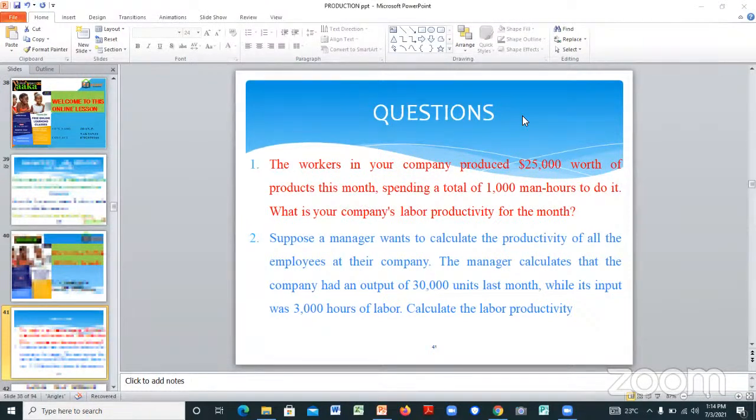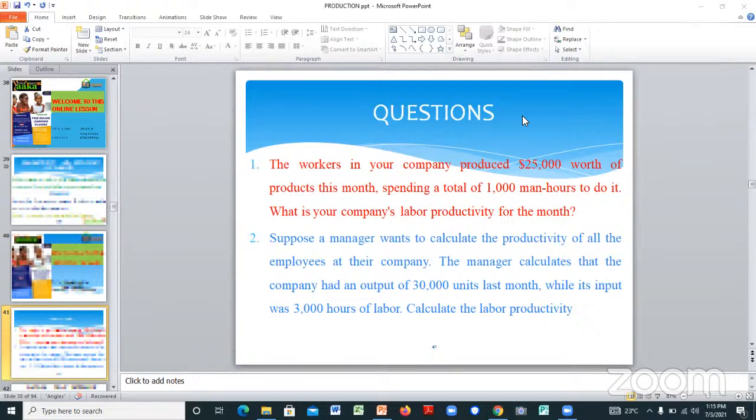Calculate the labor productivity. Can we have someone remind us the method, the formula for calculating labor productivity? What did we say was our formula?